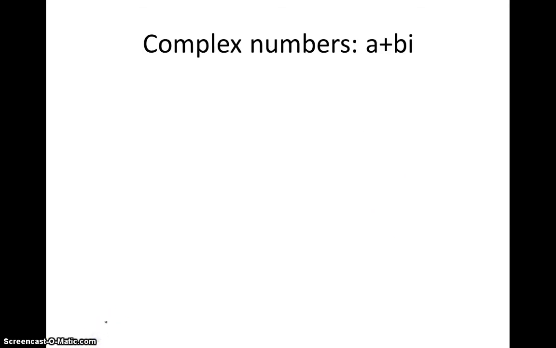All right. So complex numbers, a plus bi. This is how you always see imaginary numbers written. So a plus bi, what's going on here is we have a real number here, a, and b is also a real number. So each one of these is going to be real. a and b are both real numbers, and then i, remember, is just the square root of negative 1.